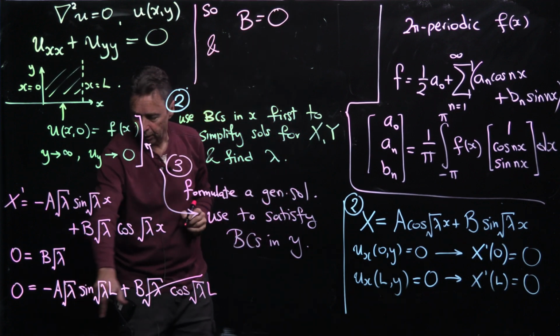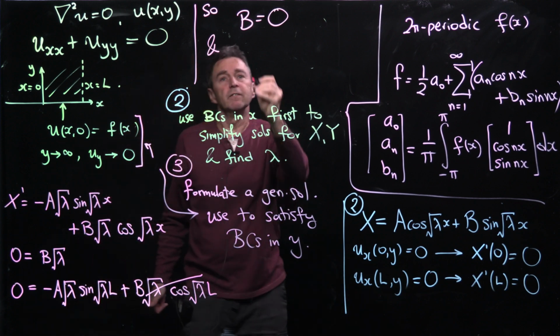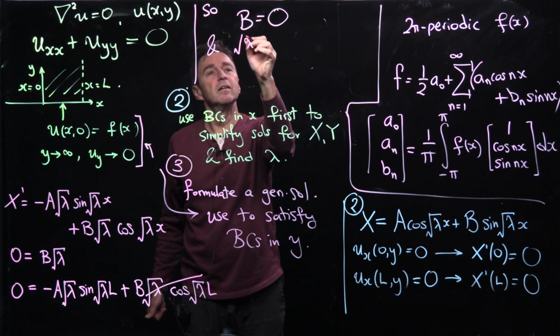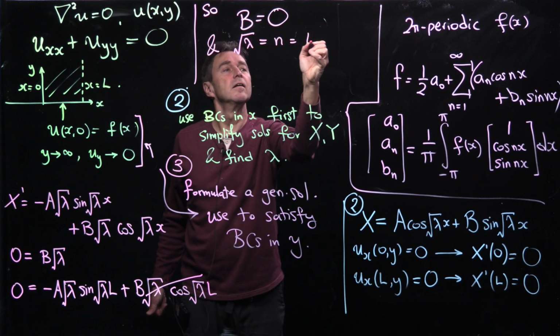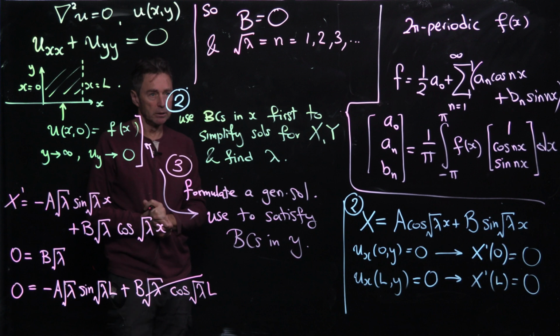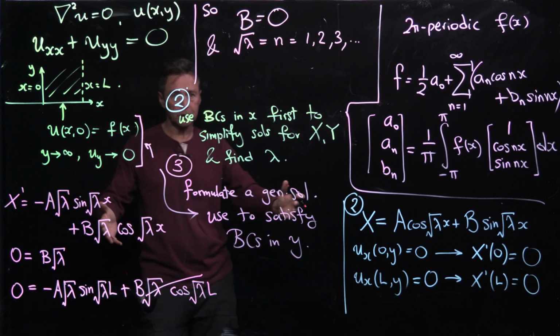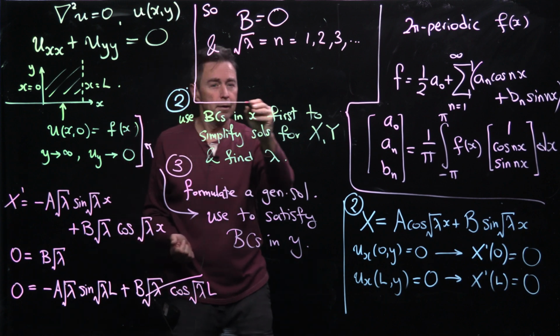And this one, I don't want to put A is equal to 0 because then I get nothing. It looks as though I want to put the sine function to 0. And I'm back to the square root of lambda being an integer. There it is. Looks as though I've now accomplished what I accomplished last time.